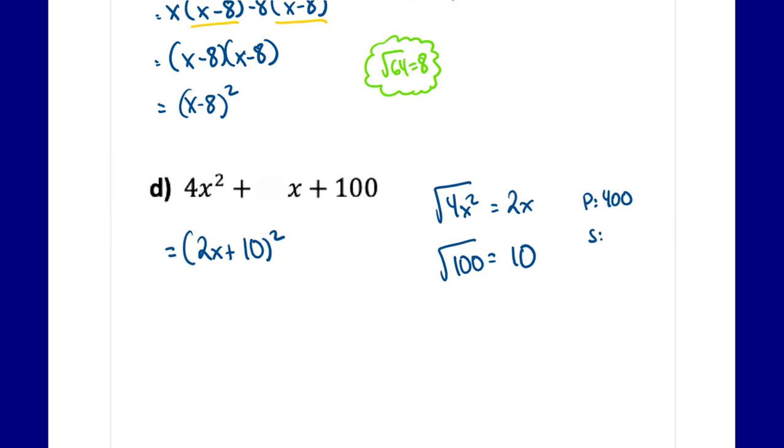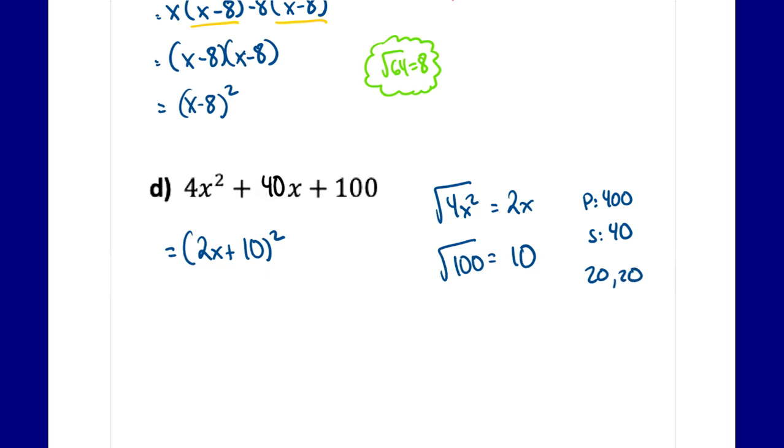The middle term should be 40. That will help a little bit. Because now two numbers that multiply to 400 but add to 40, we get 20 and 20.